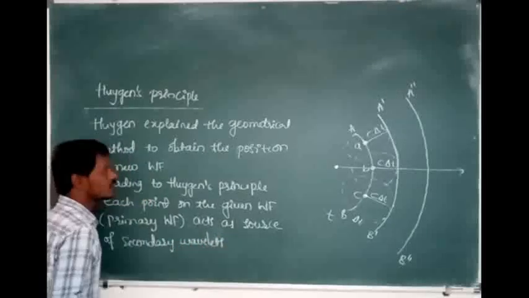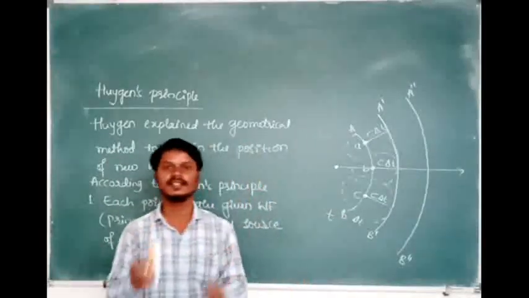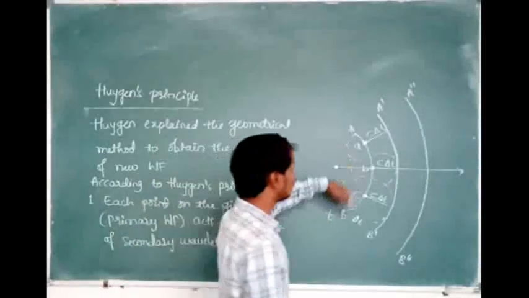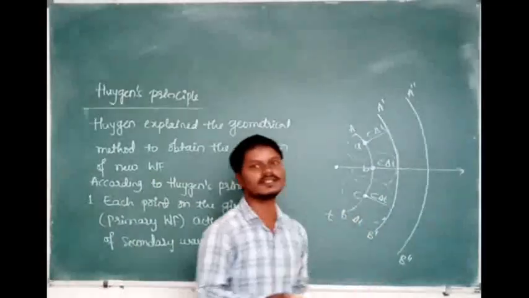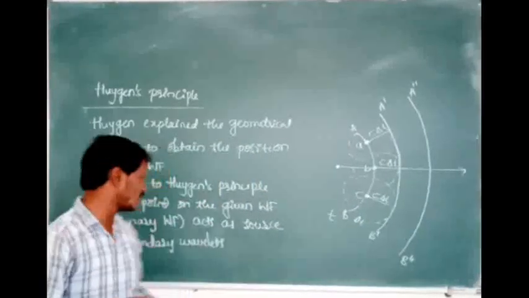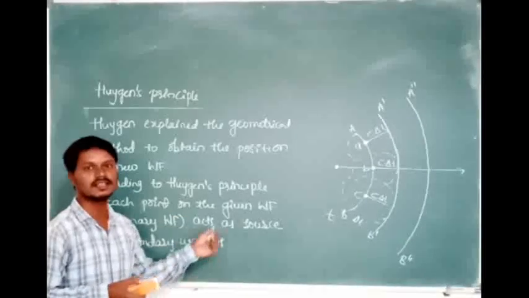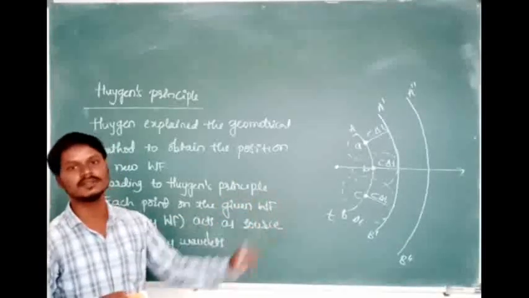And these secondary wavelets spread out in all directions with the speed of light, which is represented by c here. So these secondary wavelets send out the disturbance in all directions with the speed of light.